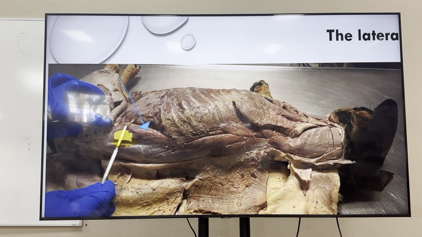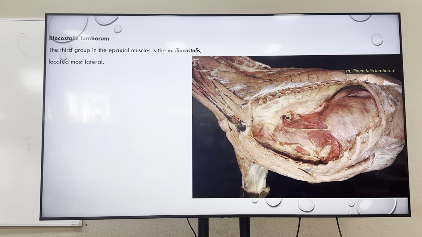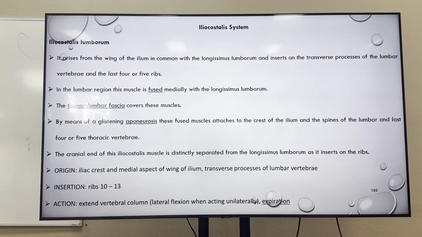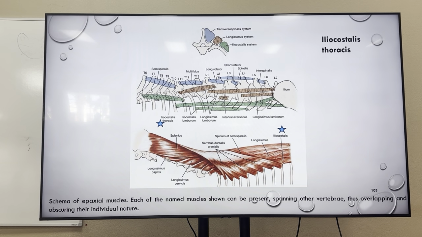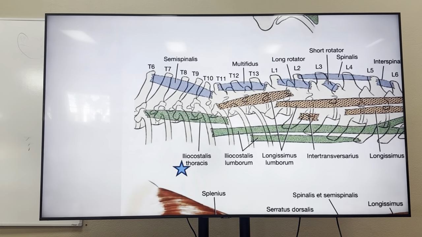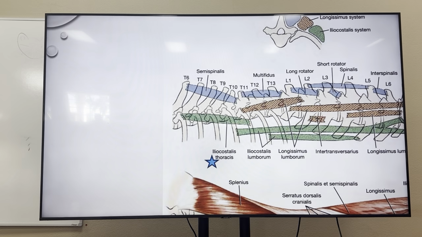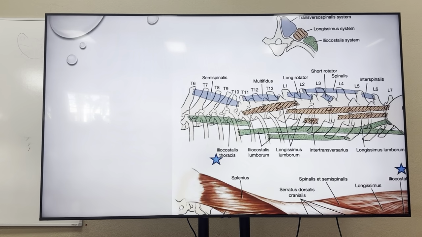These are aponeuroses. It's a characteristic of these muscles: very thick aponeurotic attachment. The iliocostalis thoracis, we will say that it is long and narrow.